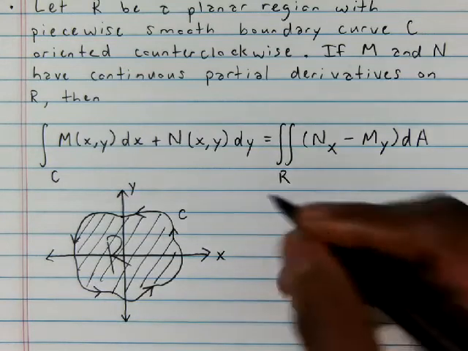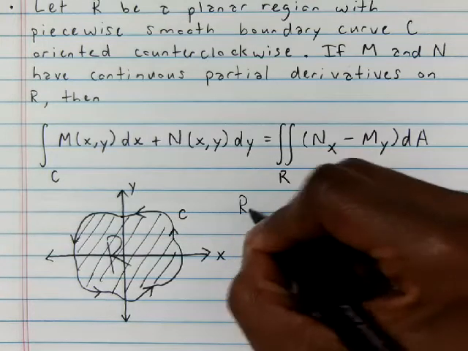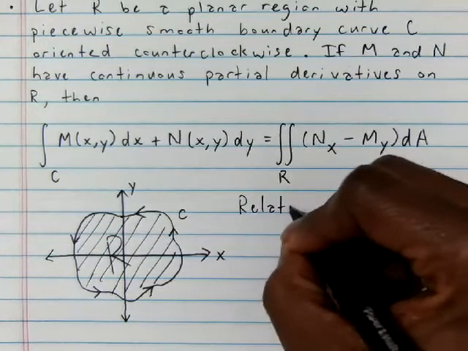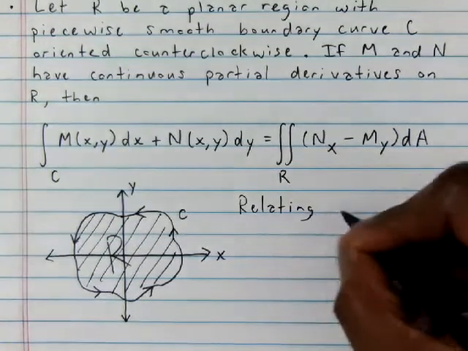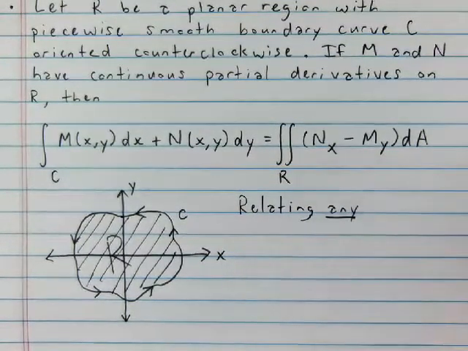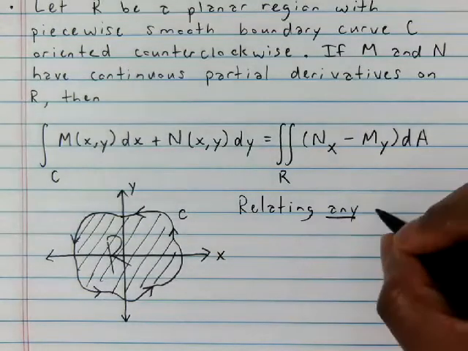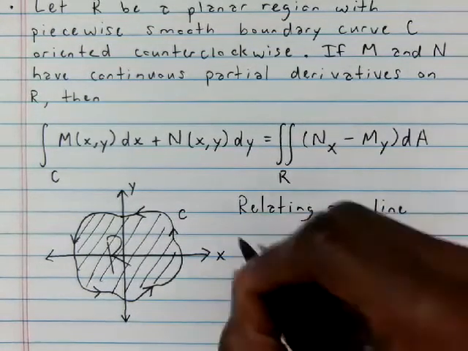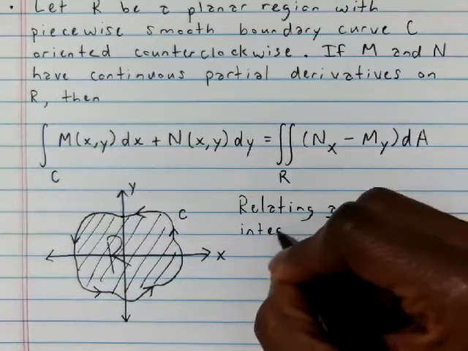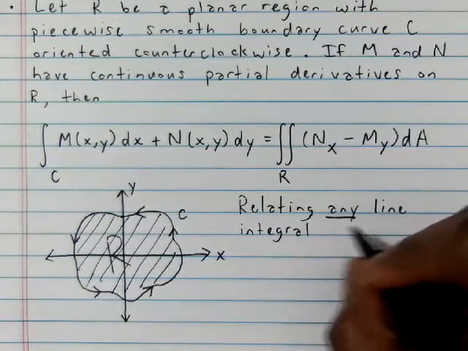So what Green's theorem is doing, or what this equality is doing, is relating any line integral in two dimensions, of course, and that's our left-hand side.